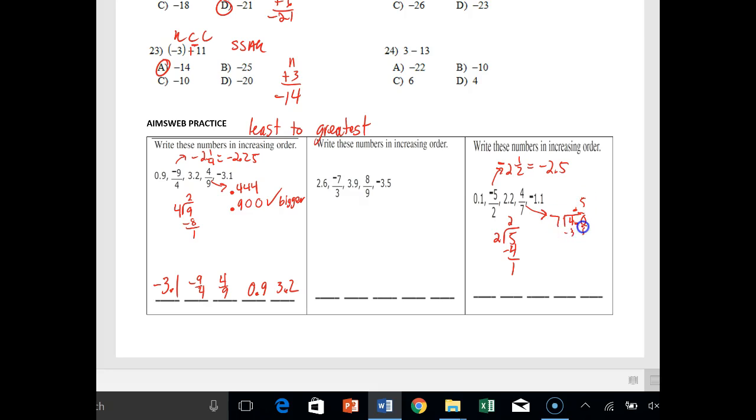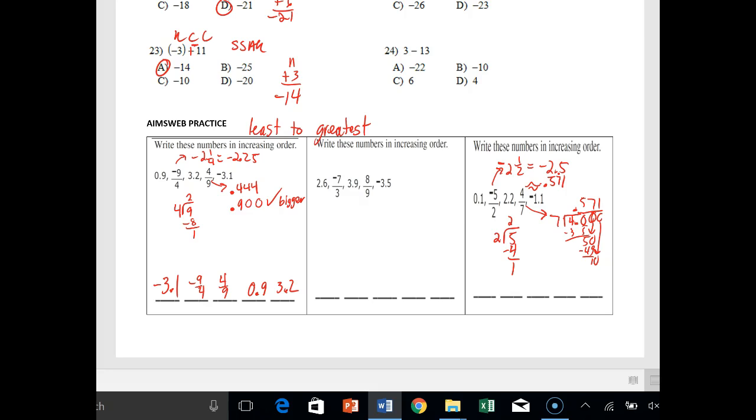That's 35. 5 left over. 7 goes into 50 7 times. That's 49. 1 left over. 7 goes into 10 1 time, and we can stop there. So this one is about 0.571.